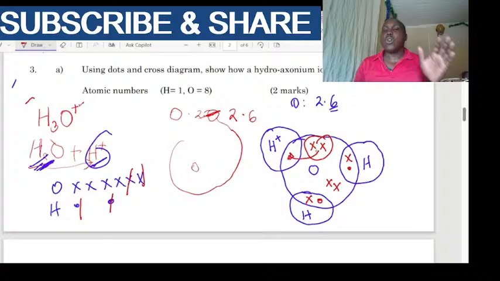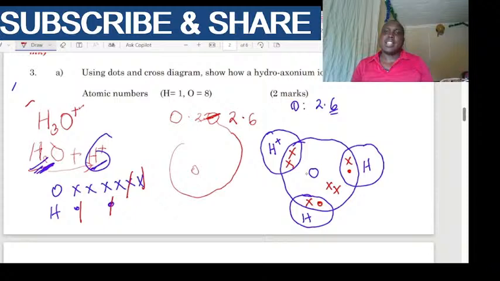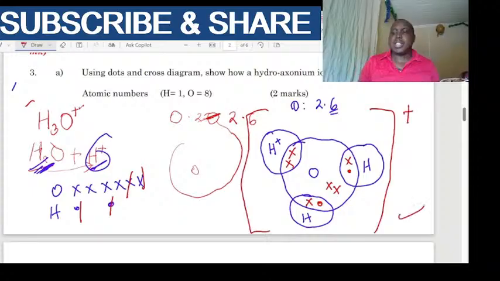These 2 electrons are brought inside, and now this one is stable. Once it is stable, because it was an ion, you remember to draw the bracket and put a positive there, and that is how the hydroxonium ion is drawn.